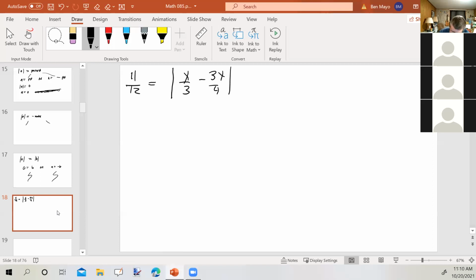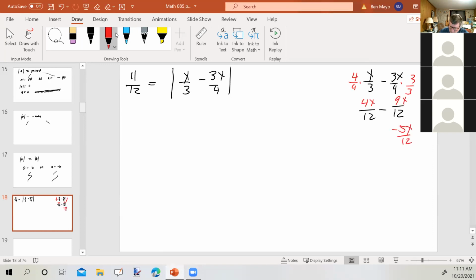So over here off to the side, I'm going to do that. To add or subtract those two fractions, we'd need a common denominator of 12. We'd have to multiply the first one by 4 over 4 and the second one by 3 over 3. So we'd end up with negative 5x over 12.